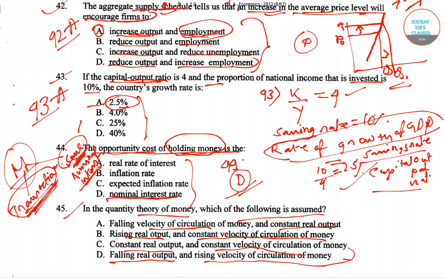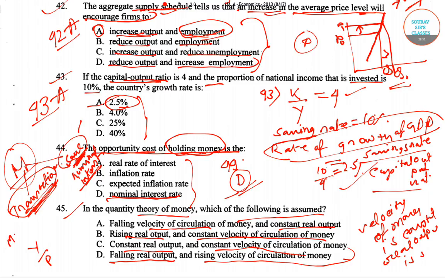In the quantity theory of money, the assumption made is option B. That is, the quantity theory of money assumes that the velocity of money is constant and real output is rising. Basically Y by P. We know MV equals PY. So from here we have said this is constant and real income, that is Y by P, remains constant.